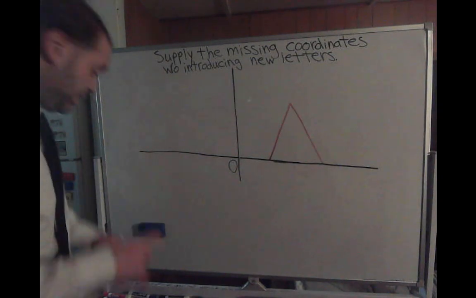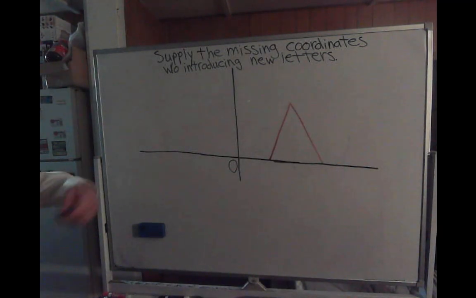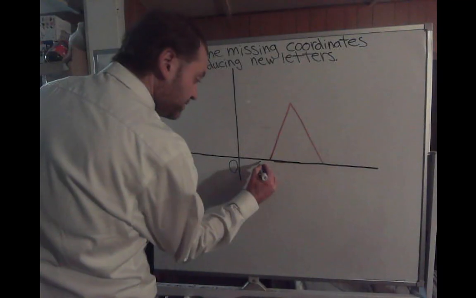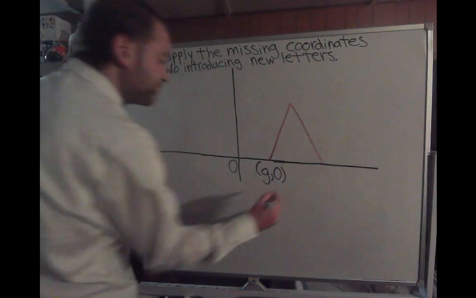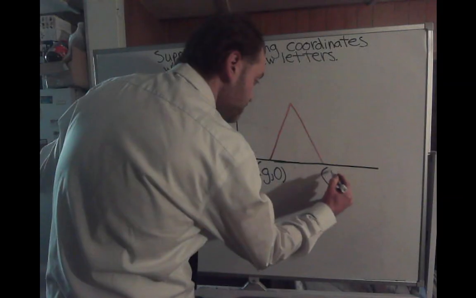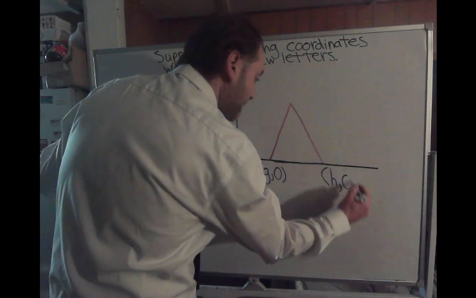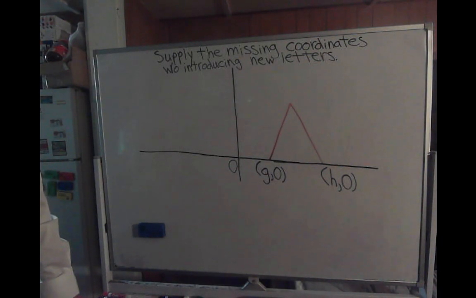Alright, so we are given an isosceles triangle at this time. The bottom left vertex is going to be at G, 0. The bottom right vertex is going to be at H, 0.